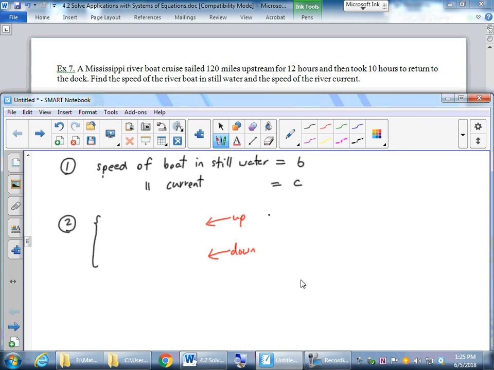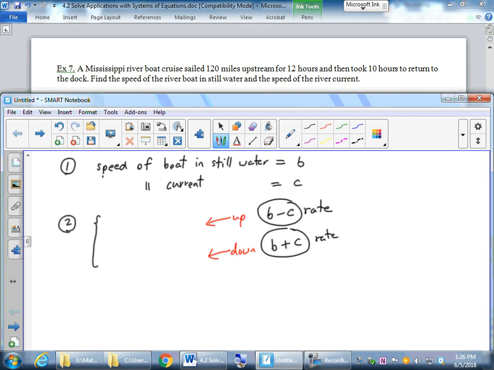Here's what we have to remember. If it is upstream, you are going against the river, against the current, so the speed of the boat is reduced by the speed of the current. That becomes my rate going upstream. When you're coming back downstream, the boat is pushed by the speed of the current, so this becomes the rate downstream. Using this, we can set up the equations.